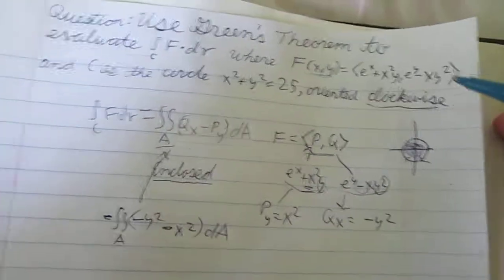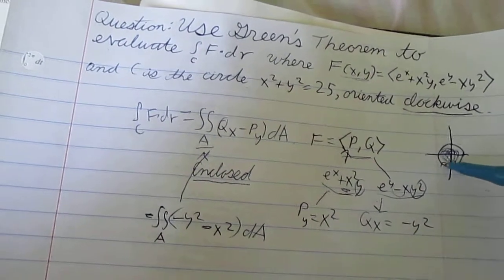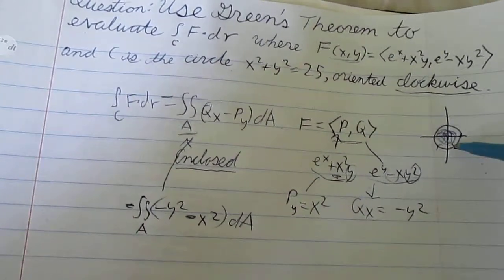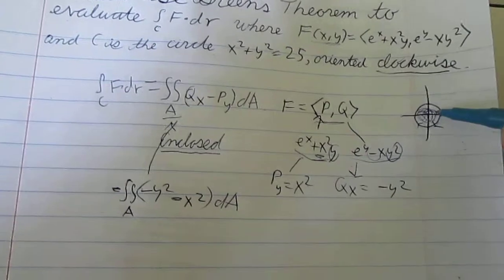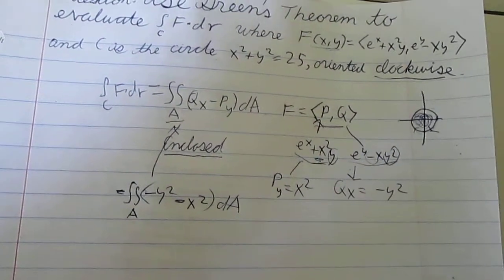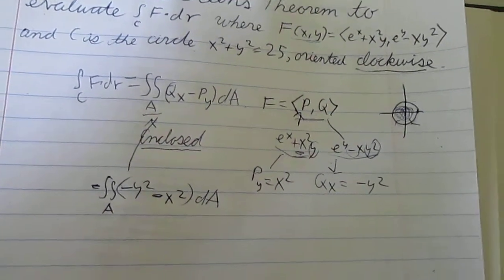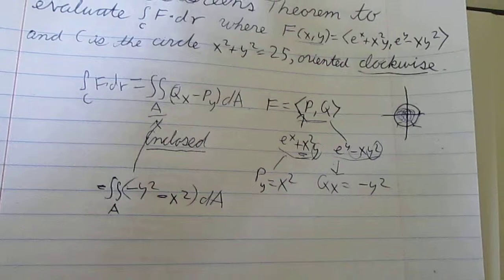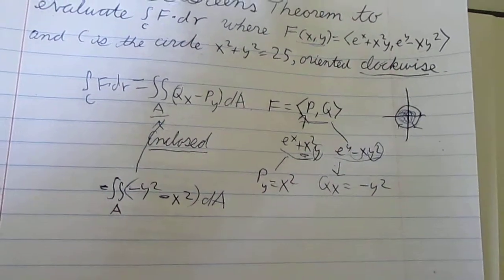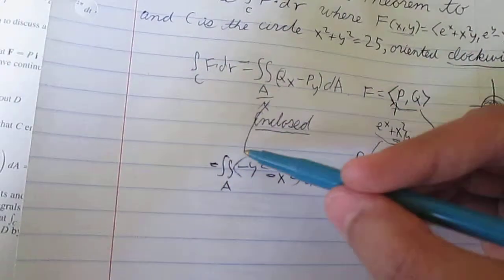Why? Because it is oriented clockwise, and by the right hand rule it should be oriented counterclockwise, to make the normal point upwards instead of downwards. Either way, our magnitude is still going to be this integral.